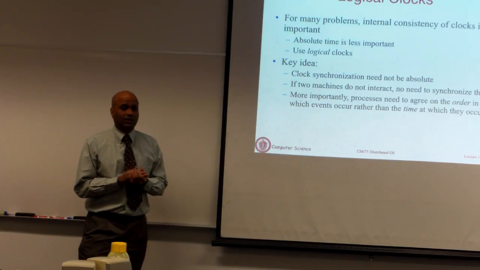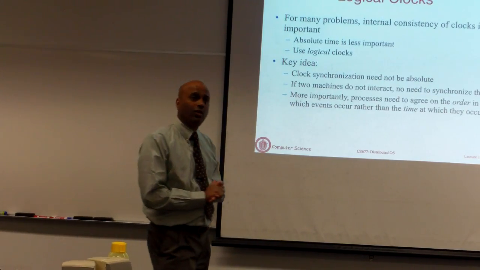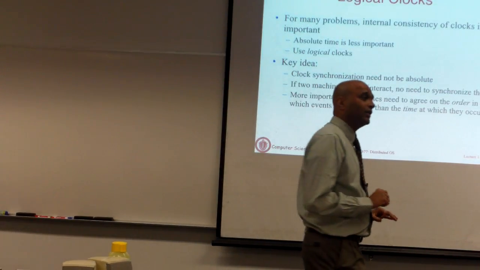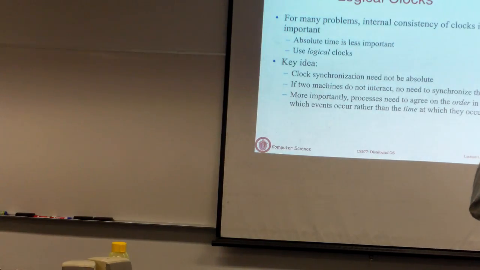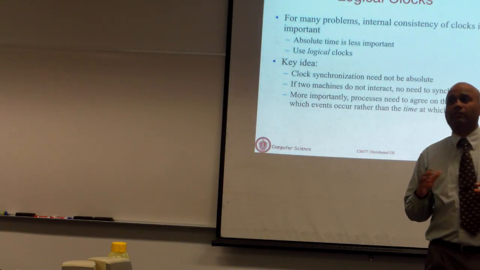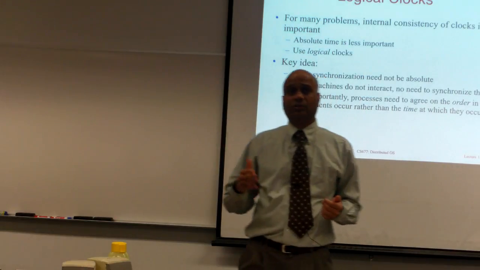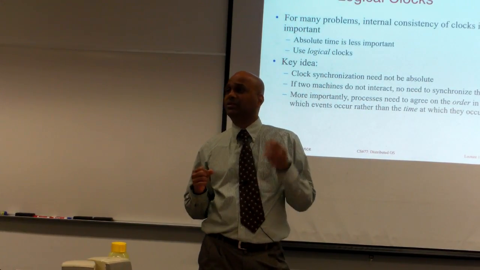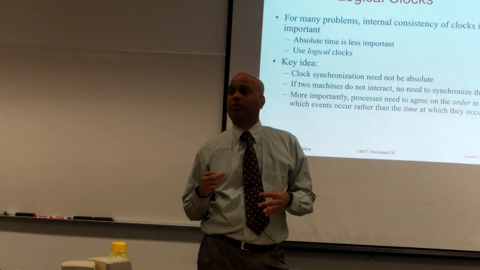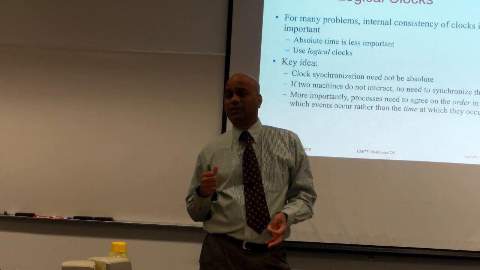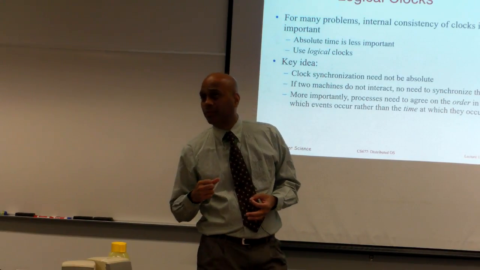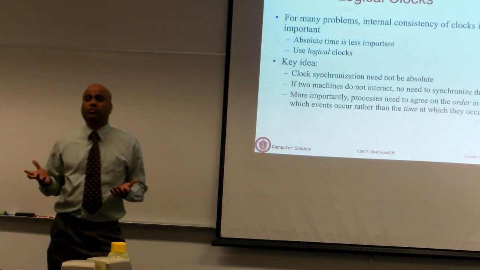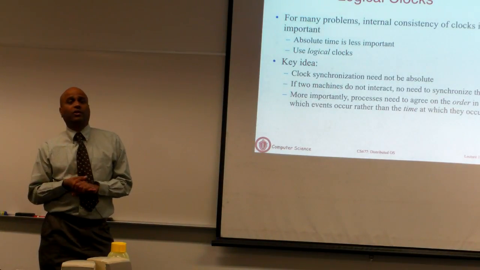So we said we can use a logical clock, which is essentially an integer associated with each machine or process, and every time an event of interest occurs, you increment the integer. When processes exchange messages, you piggyback the integer clock from the sending process to the receiving process or node. In doing so, we can derive a partial ordering of events.